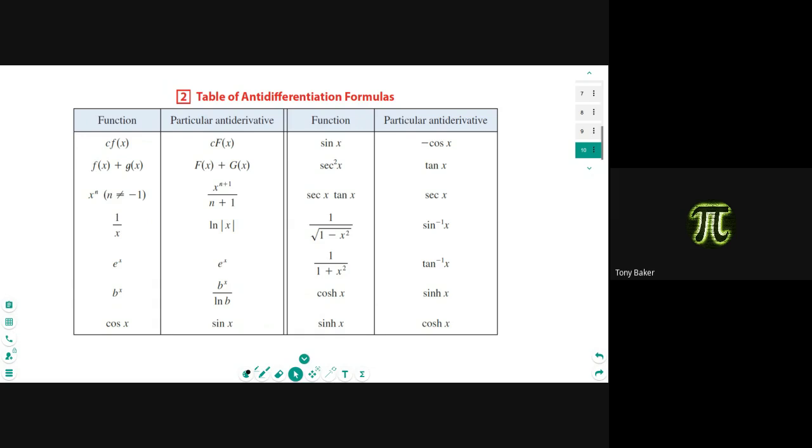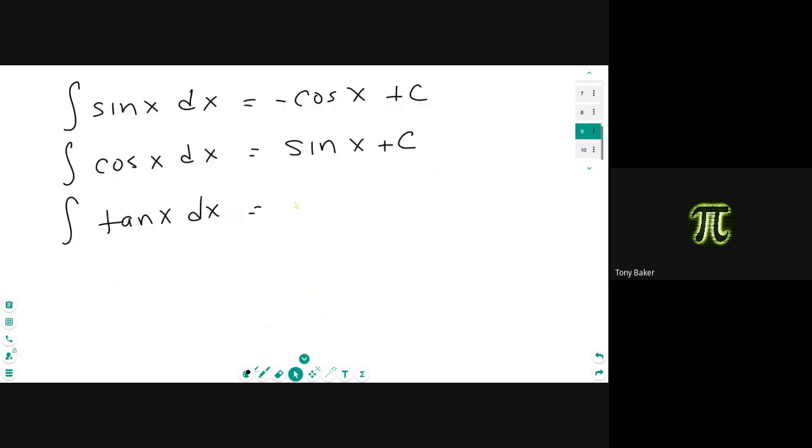The reason it's not on there is because in essence we need to do substitution to do it. Now, you could make tangent x u, but then you'd have secant squared x, and we don't have that to get rid of. So, is there something else that I can do with tangent to possibly help me fix this problem?